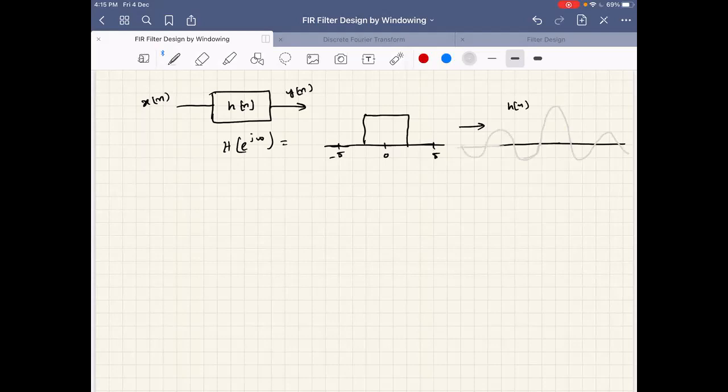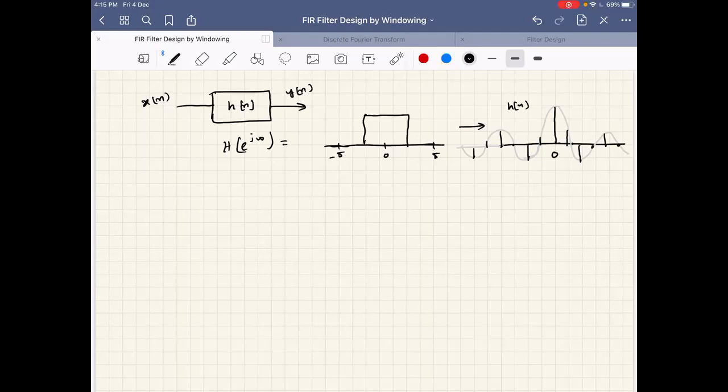Something like this. However, for practical reasons, we cannot have h of n range extending from minus infinity to infinity.